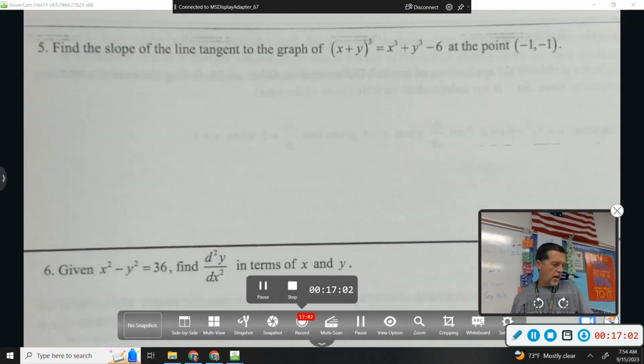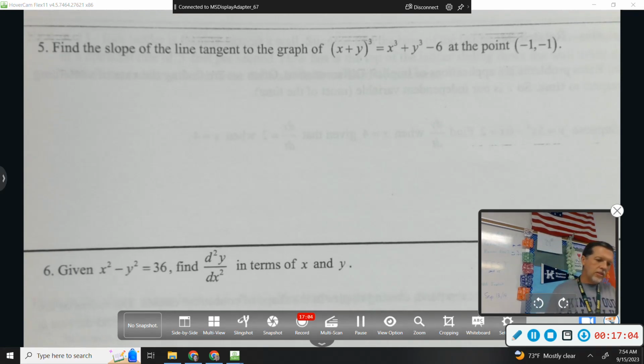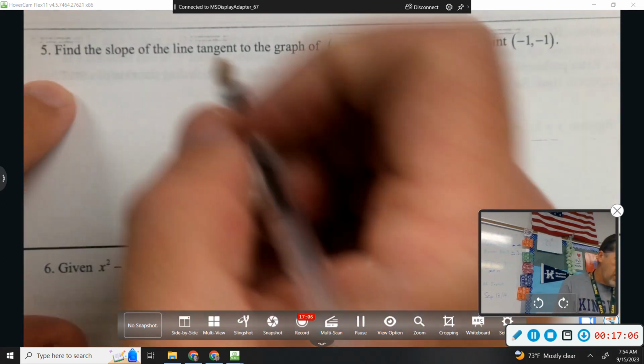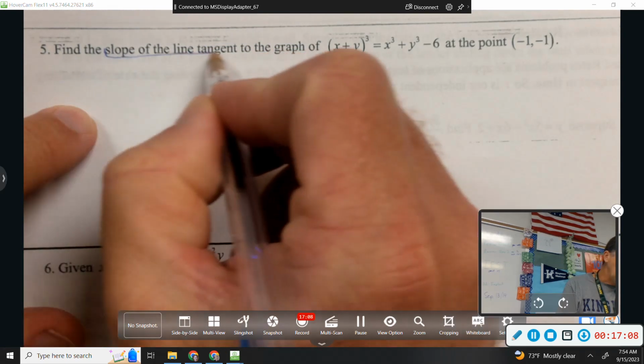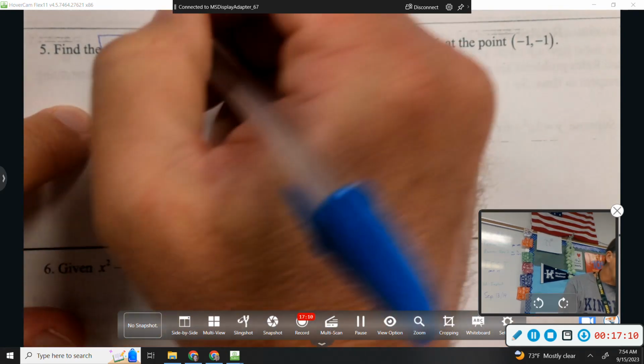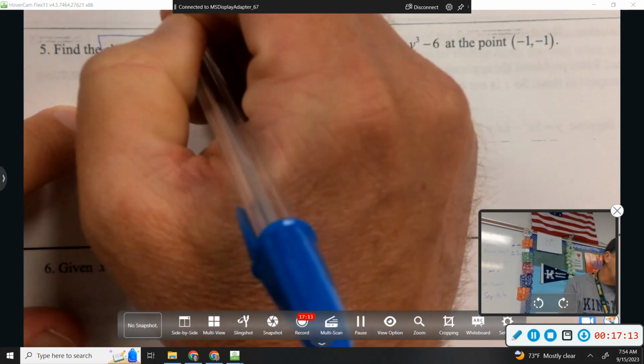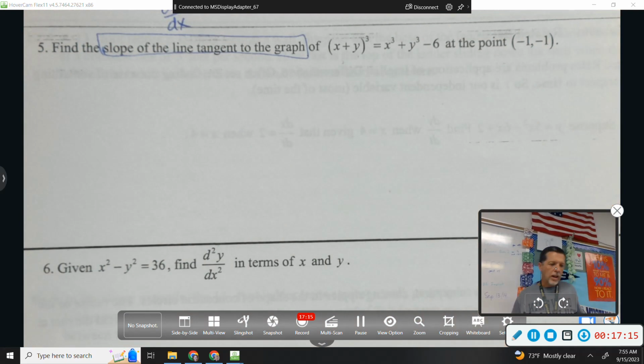Number 5. Find the slope of the line tangent to the graph of this thing. Again, we just keep using all these different Spider-Man meme, like it's all the same. Find the derivative at (-1, -1). So this will be kind of the same thing we've been doing, but we'll just plug in (-1, -1) somewhere at the end.